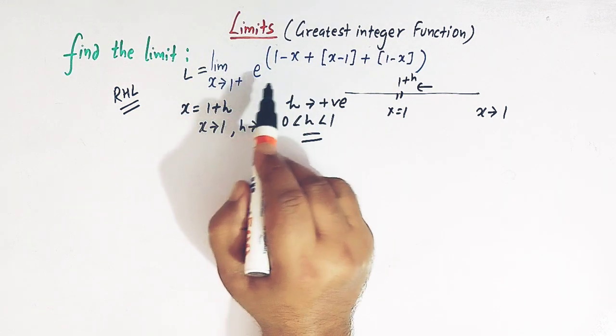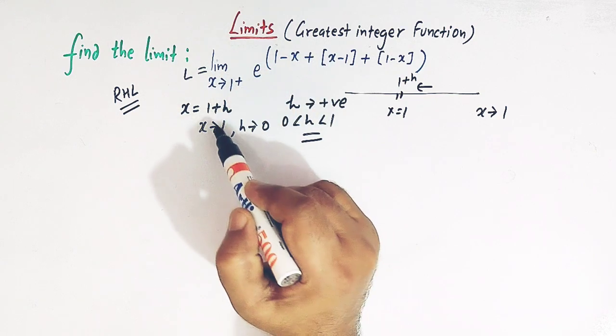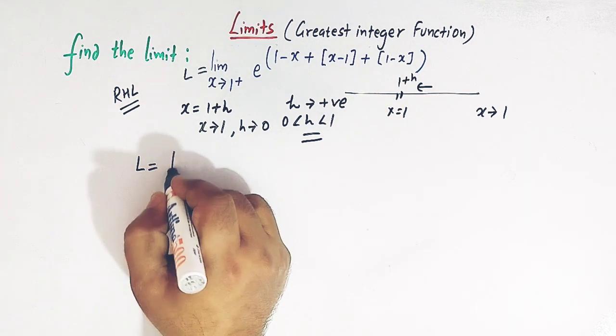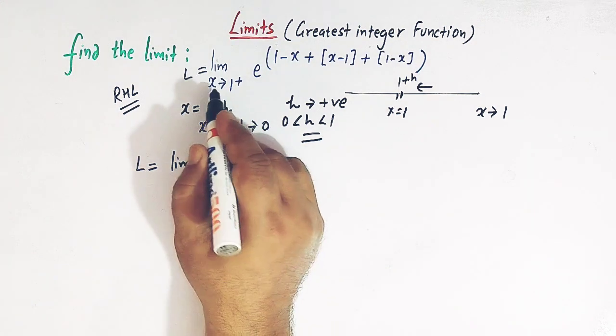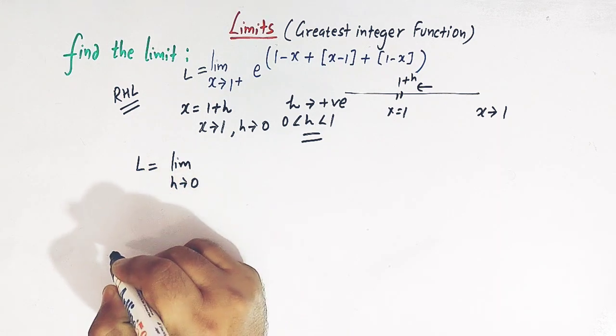So now what we will do, we'll transform this limit in terms of h. So now we can write L is equal to limit, and here x tends to 1 positive can be written as h tends to 0.